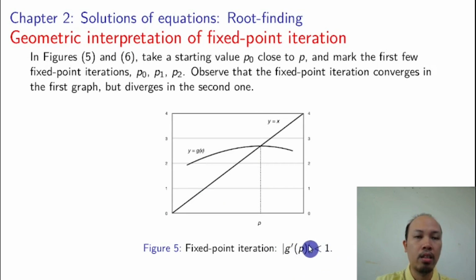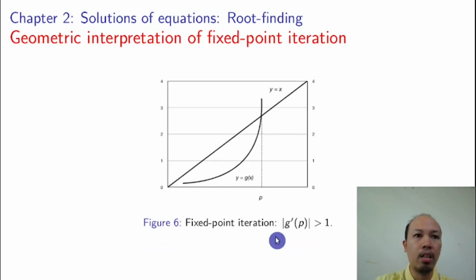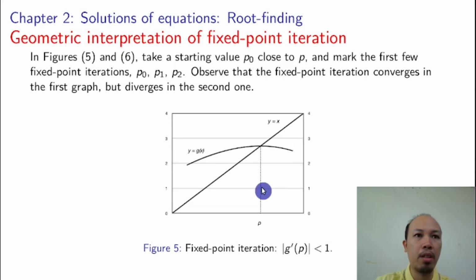If the absolute value of g prime of p is greater than 1, then it will diverge. So why is that?